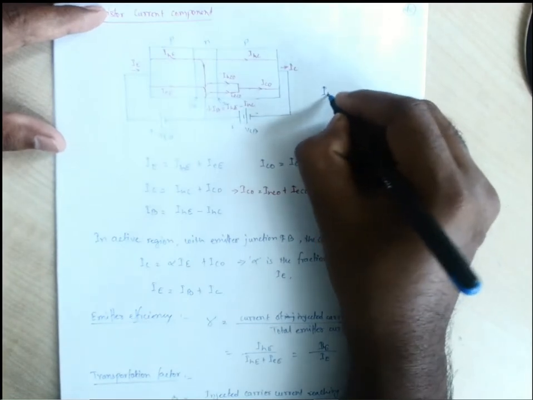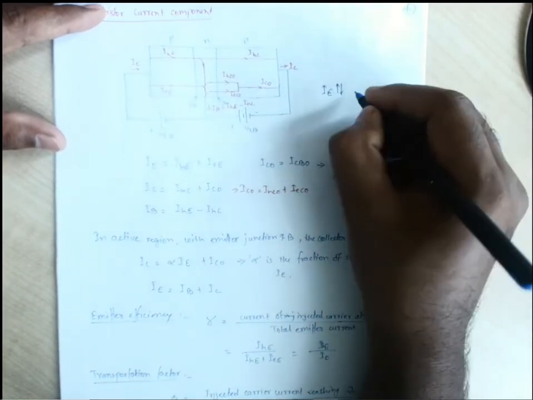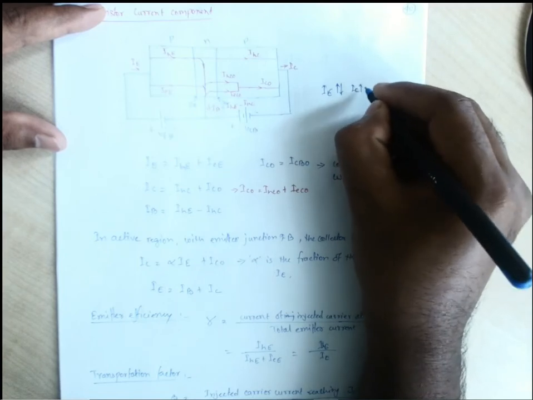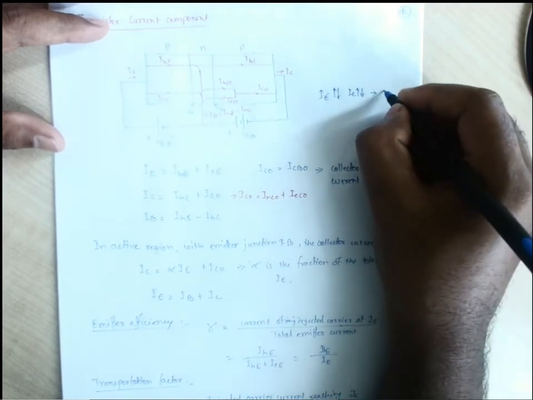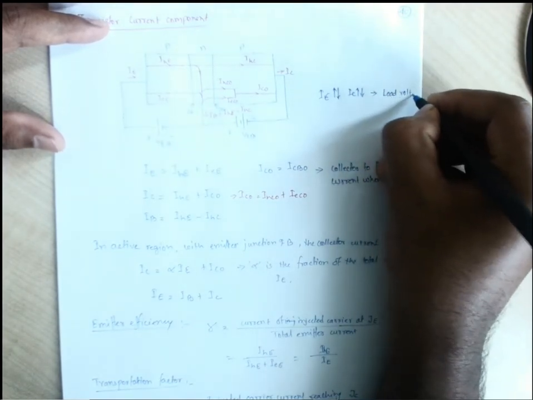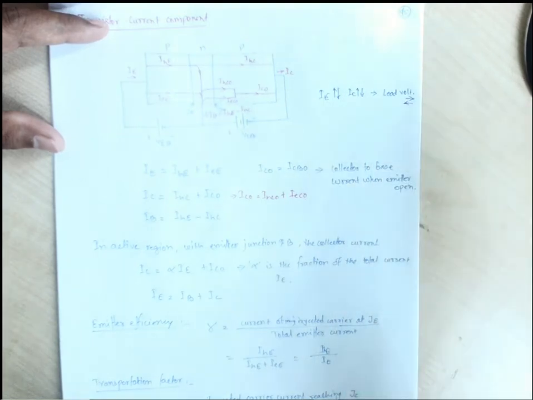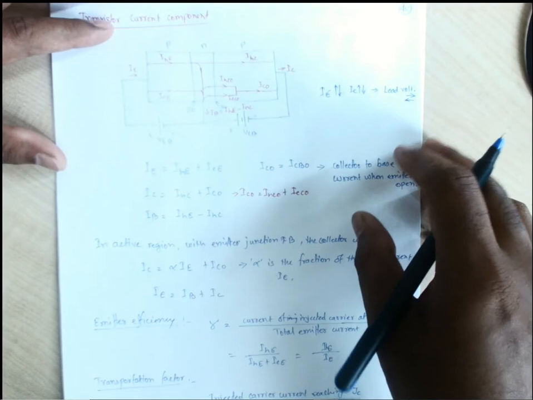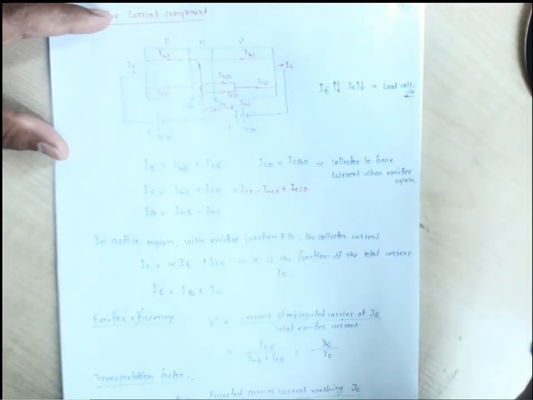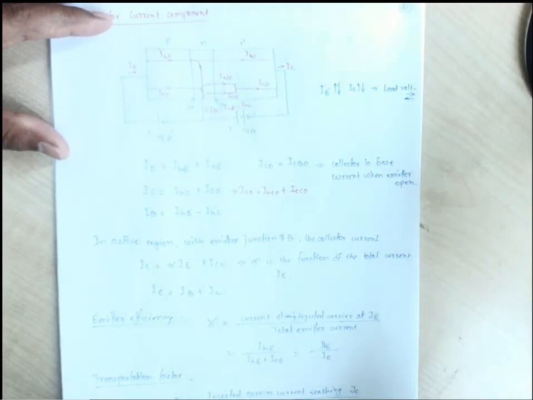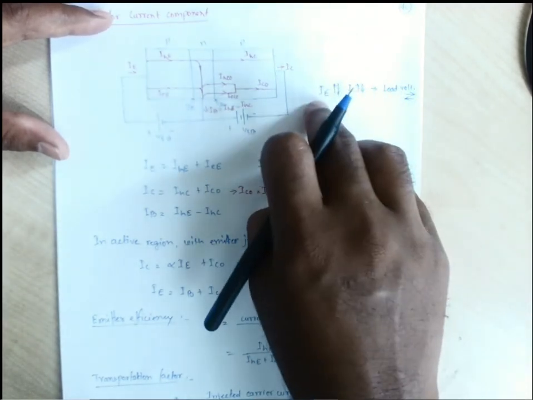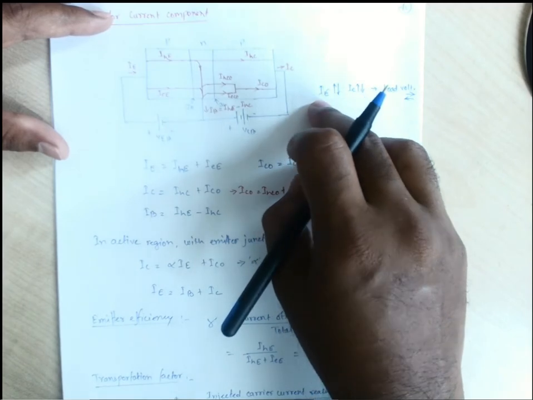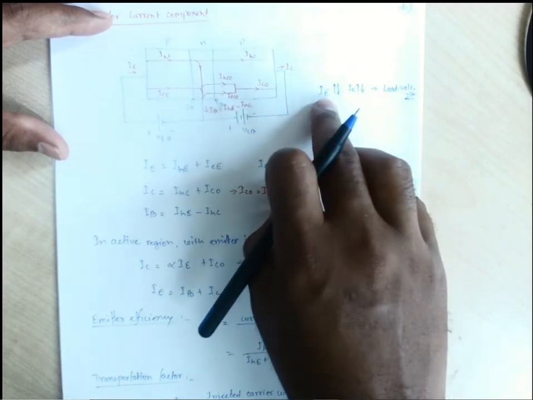If our IE changes, either increases or decreases, IC will also increase or decrease, and that will result in a change in load voltage. Whether it is a simple load or an amplifier connected, this load voltage will depend upon the input current.